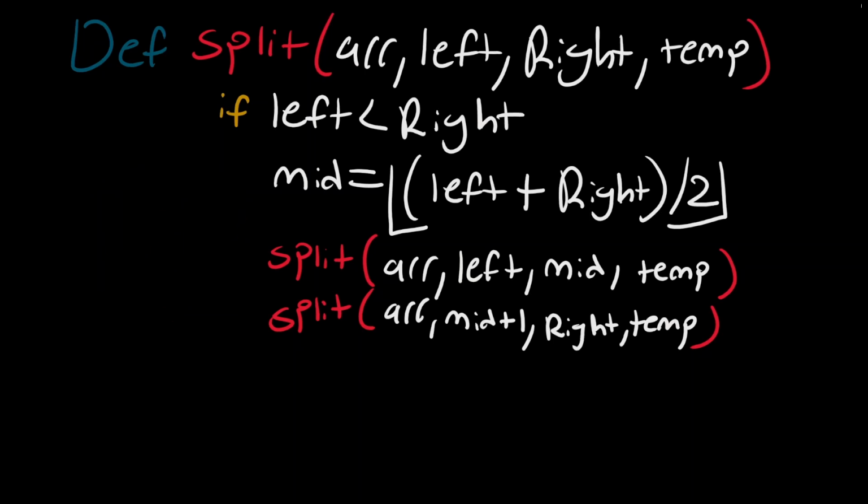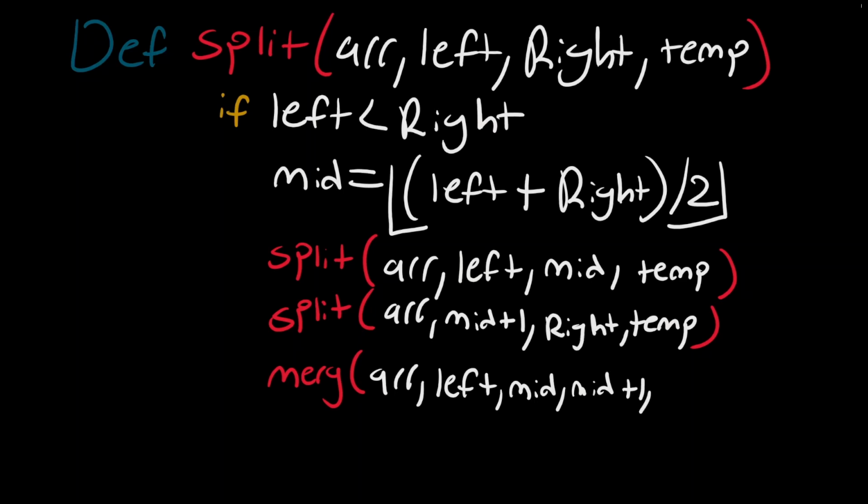And after that, finally, after we keep splitting and splitting, and we've split it all the way, we're going to finally call our merge function, where we're going to merge all these splits back together. So merge, and we're going to give this the array, the left, the mid plus 1, and the right, and then the temp.